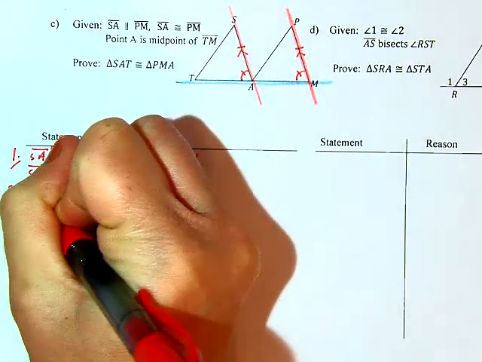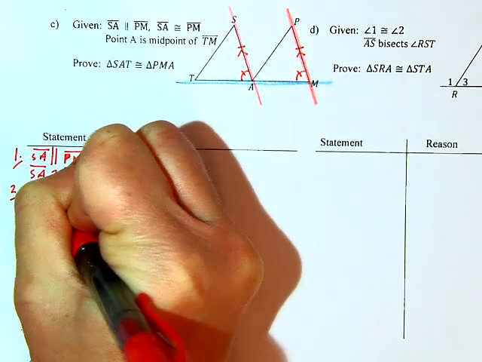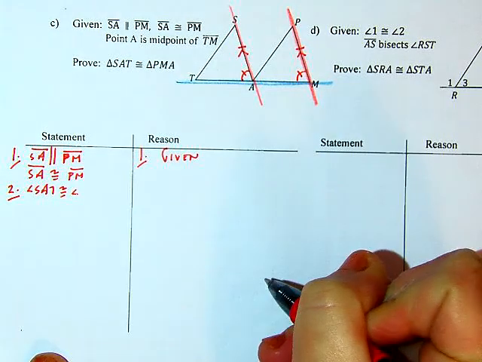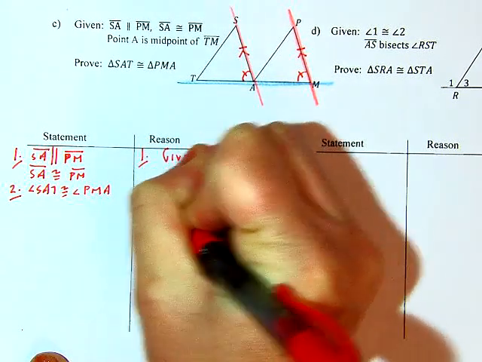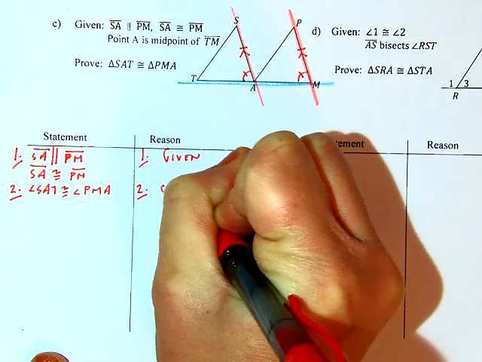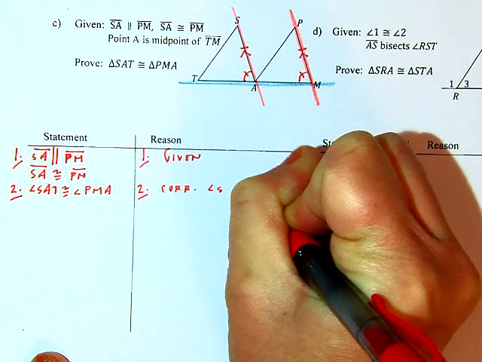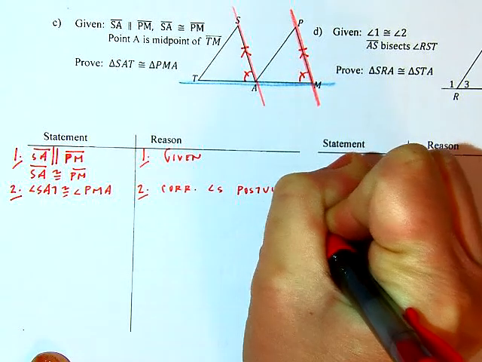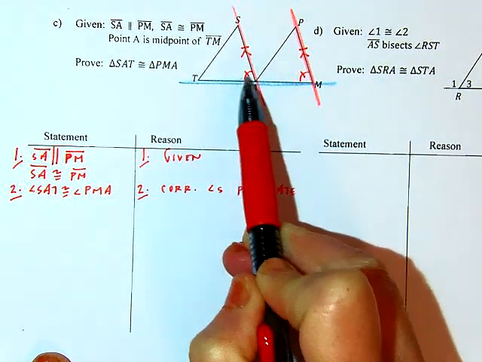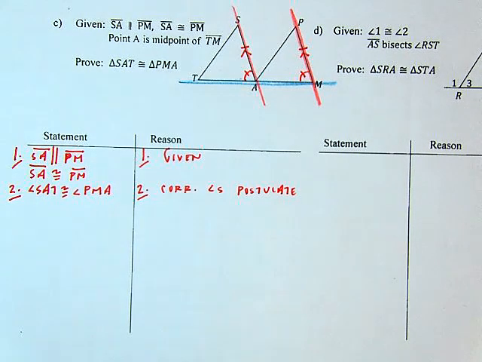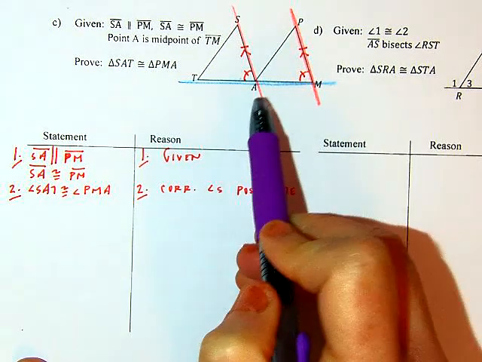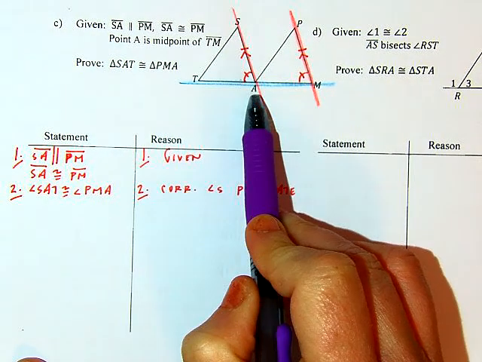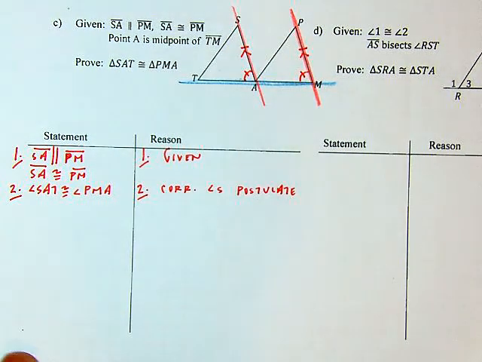That angle SAT is congruent to PMA, and that would be the corresponding angles postulate. Right, we can see that that angle would slide into this position perfectly. All right, I'm at a dead end, so I'm going to pick up the other given. So right here, point A is a midpoint of segment TM.